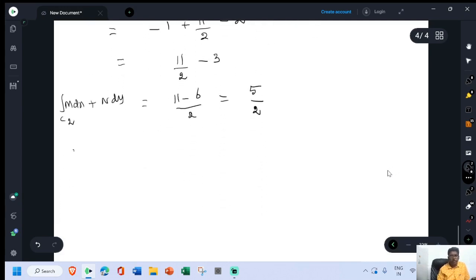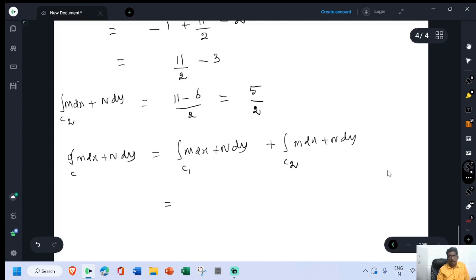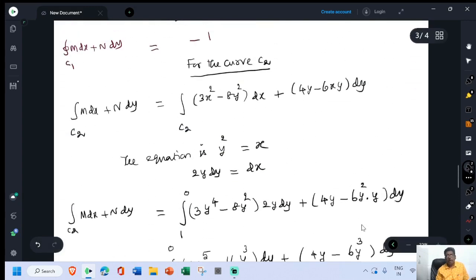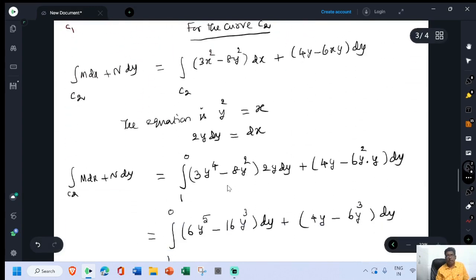We know that M dx plus N dy over C is equal to M dx plus N dy over C1 plus M dx plus N dy over C2. Then M dx plus N dy over C1 value is minus 1.